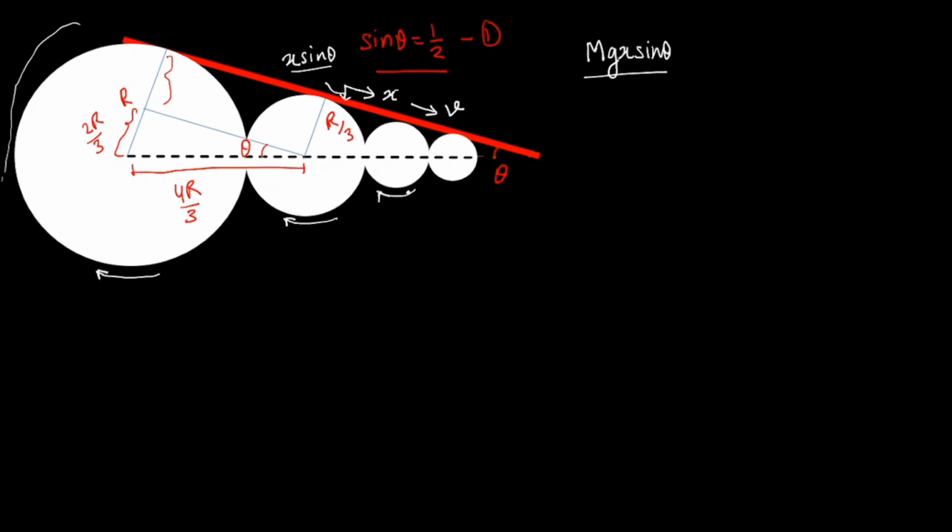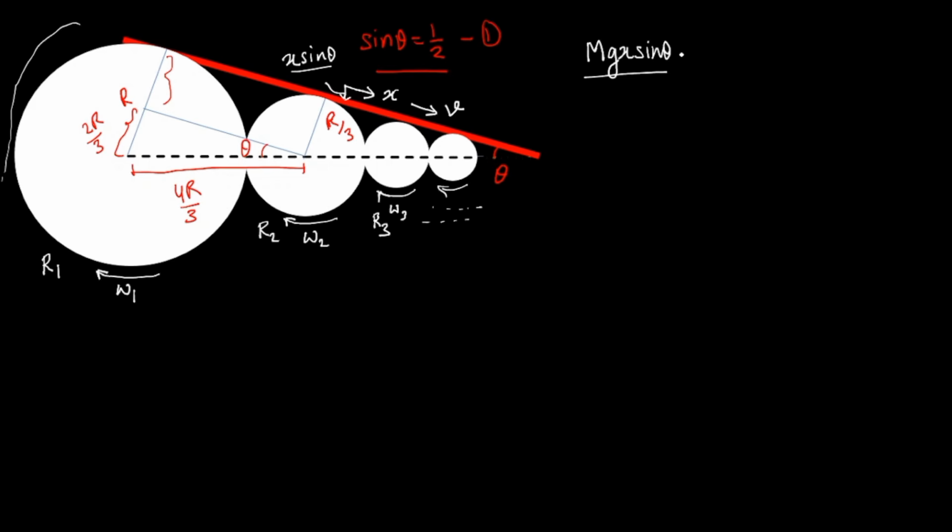Let us say it is rotating with angular velocity omega 1, this one omega 2, this one omega 3, and so on. For convenience, let us call the radii r1, r2, r3, and so on. We know that the radius is decreasing in the ratio of 1:3.